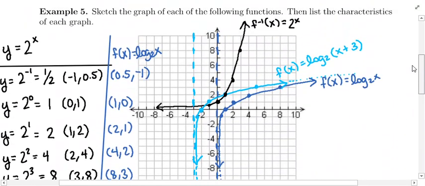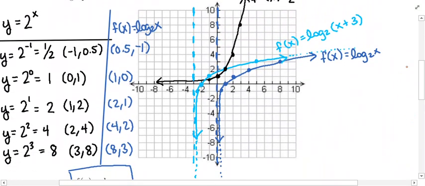If I want to start with the asymptote, imagine shifting this light blue asymptote down 1 unit. That's not going to change the asymptote. So this new graph that we're constructing in orange is going to have the same asymptote as the light blue graph. Now we need to take each point on the light blue graph and go down 1 unit. Just take your points and shift them down. That's all you've got to do.